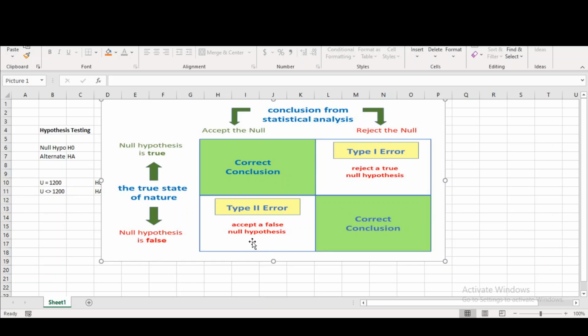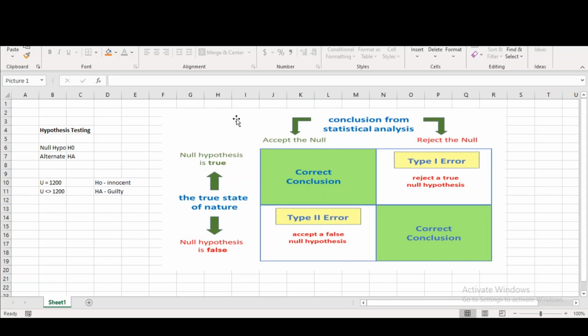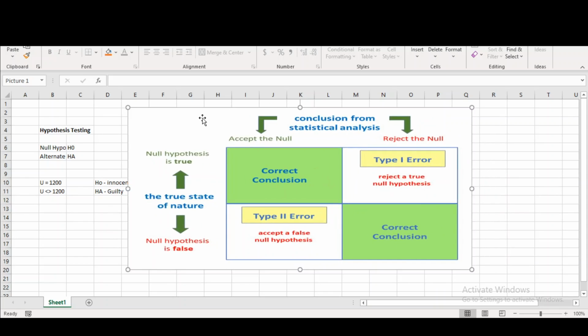For example, I take an example of a person paying a loan. A person has taken a loan, and whether he will be able to pay the loan or not is the condition that comes to me. In the true condition, there would be two possibilities: once a person takes a loan, whether he will pay it or whether he will not pay it.